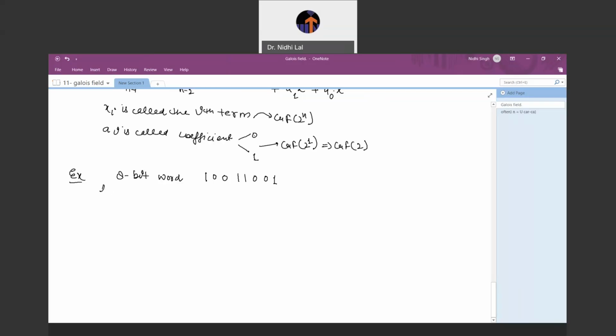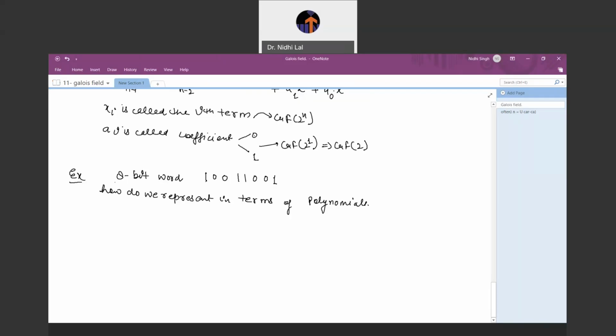The question is, how do we represent it in terms of polynomial? It is very simple, because the values are either 1 or 0. So these are nothing but the coefficient values.